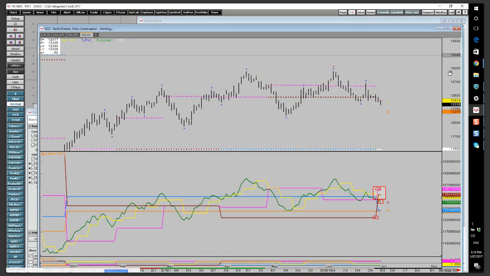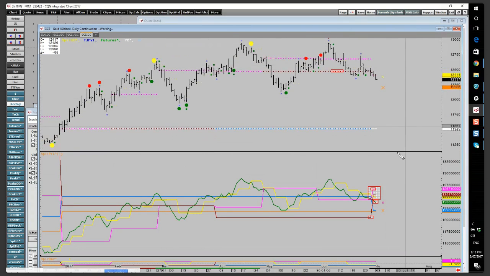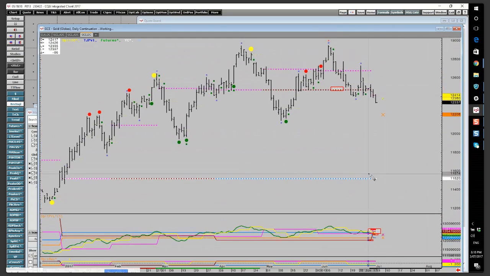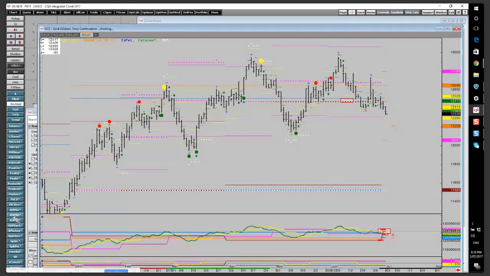So on a closing basis, really the next major support for gold is down here. We're looking at last year's close, which is 11.52. If we come to the range relativity study now and have a look at gold this way, so there's our monthly bearish at 12.06, monthly bullish at 12.80, weekly bearish at 12.29.5, weekly bullish 12.53.